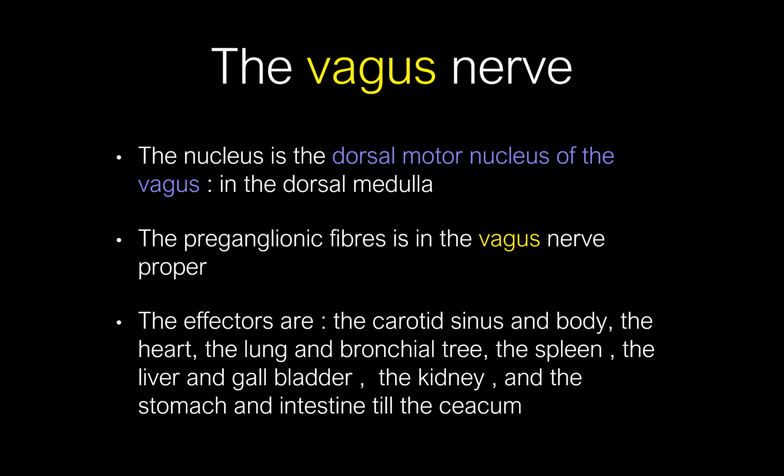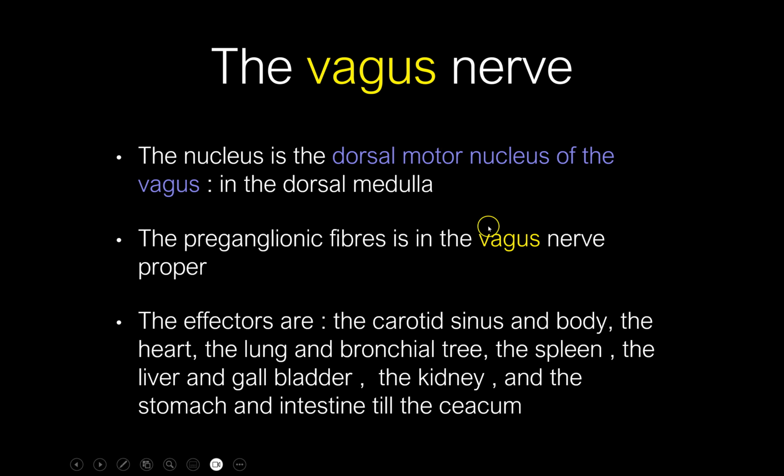If you remember the floor of the fourth ventricle, the vagal triangle and hypoglossal triangle, the vagal triangle has the dorsal motor nucleus of the vagus. The preganglionic fibers pass in the vagus proper, and the ganglia are present near the effector organs, so we have short postganglionic fibers. As we said, the general rule for the parasympathetic is very long preganglionic and short postganglionic fibers, because the ganglia are near the effector organs.